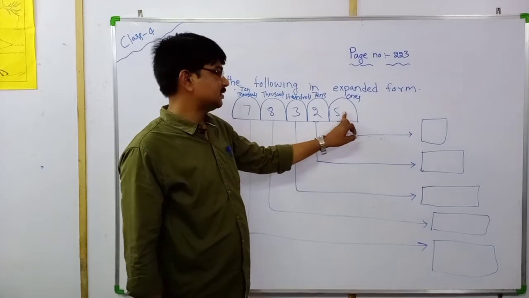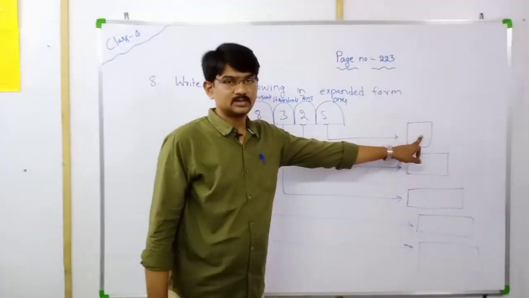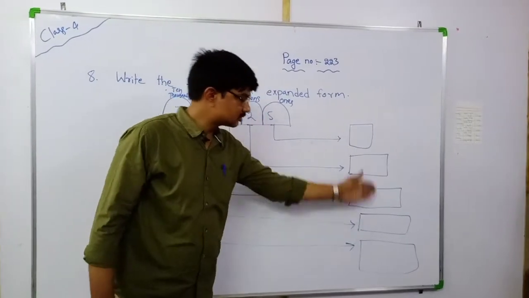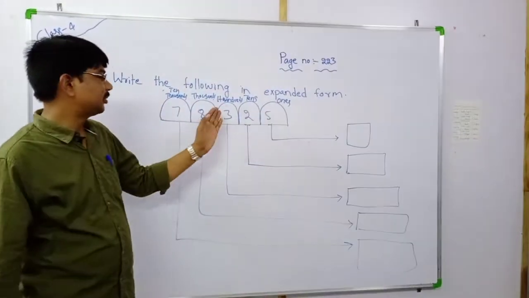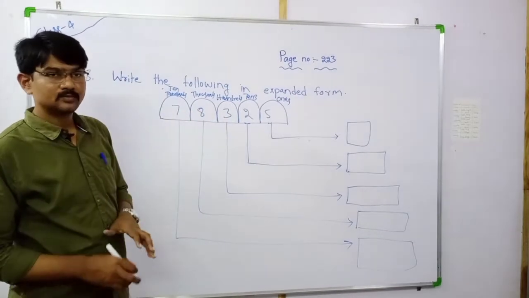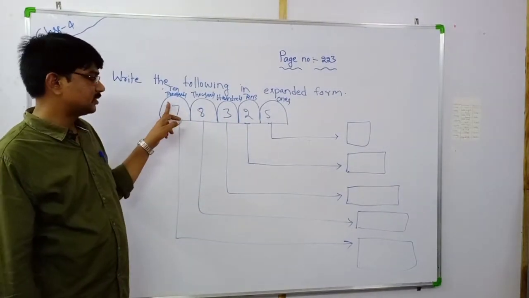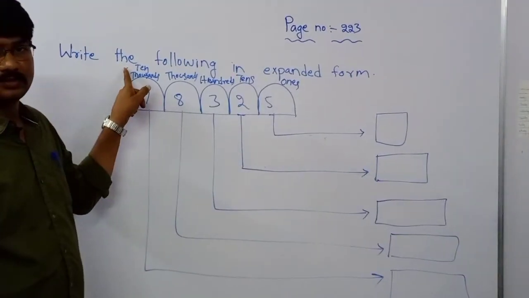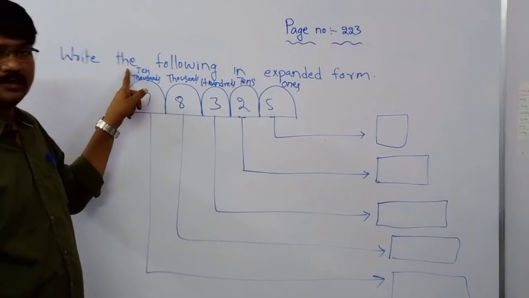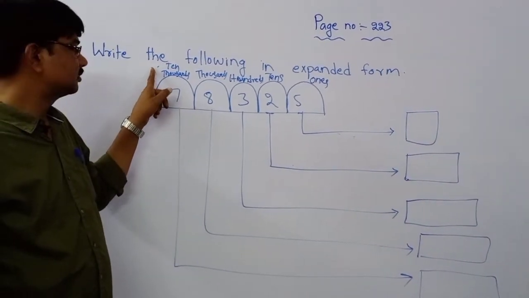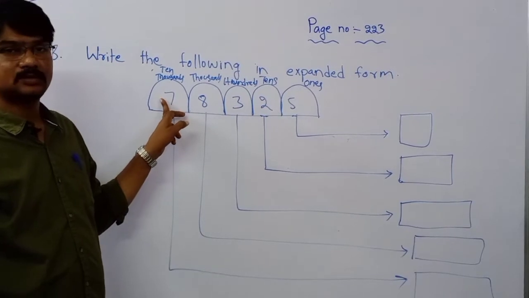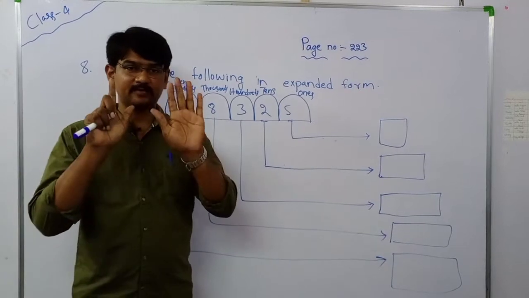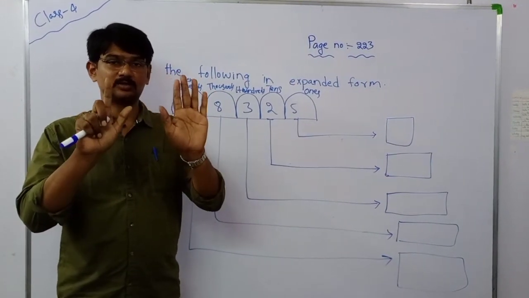For the ones place, one box is given here. Tens place also has a box. Boxes are given for every place. First of all, what is the place? 10,000's place. 7 10,000's.